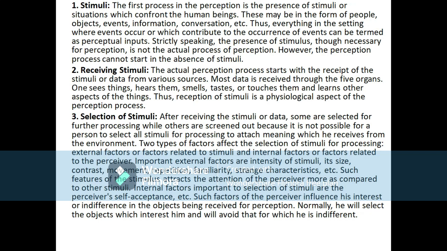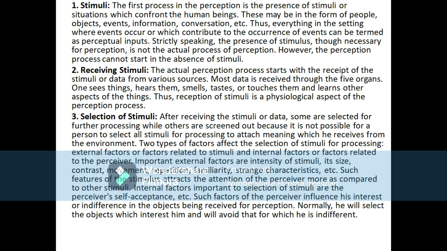Reception of stimuli starts this way, and that is known as the physiological aspect of the perception process. Without any of these senses we may not obtain the data or stimuli. Therefore, the reception of stimuli is a physiological aspect of the perception process, and the process starts from receiving the stimuli.